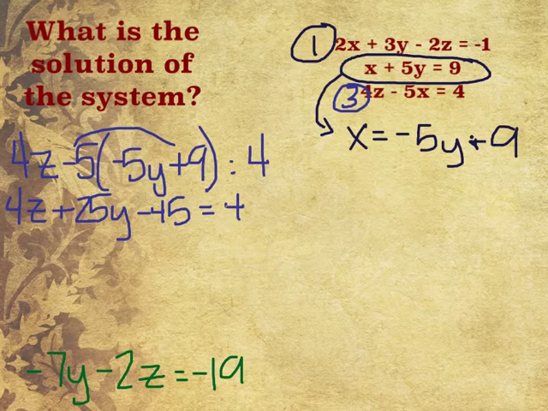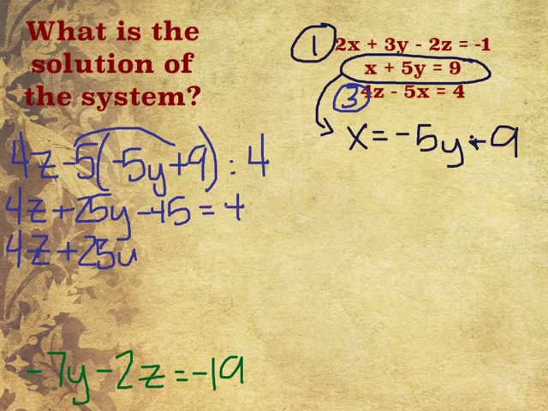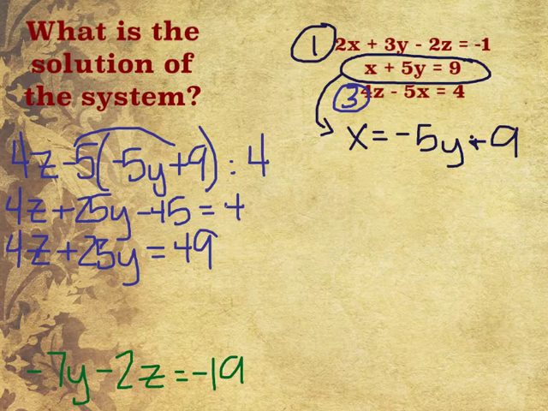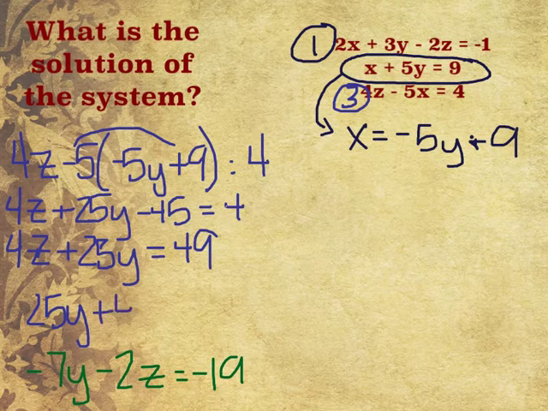We'll add 45 to each side, and we get 4z plus 25y equals 49. I'm going to rewrite it to look like my bottom equation here with the y in front and the z in the back. So I'll get 25y plus 4z equals 49.